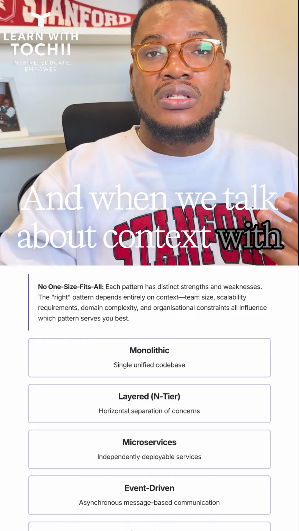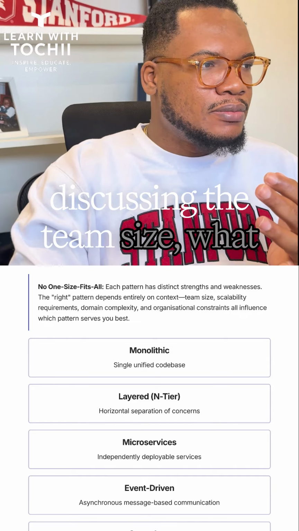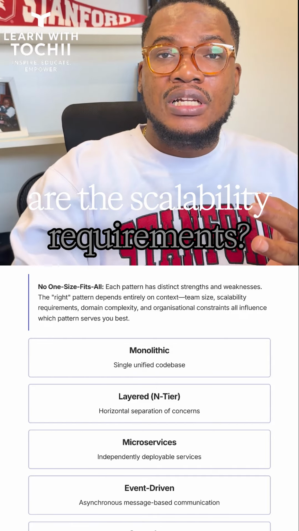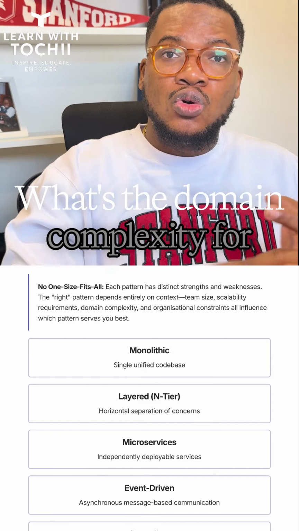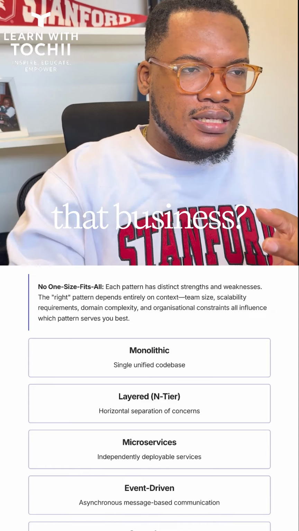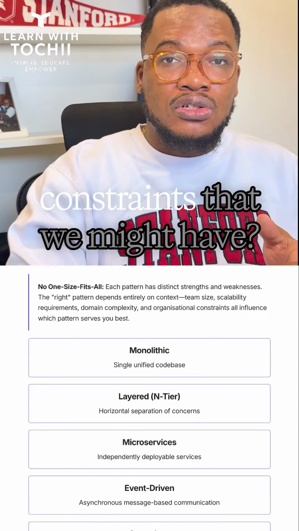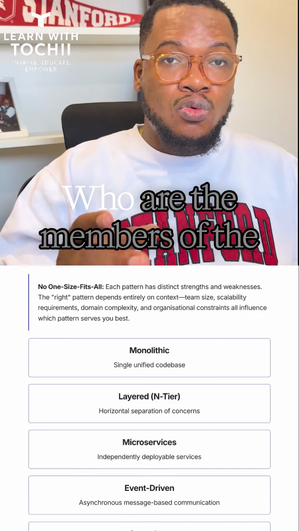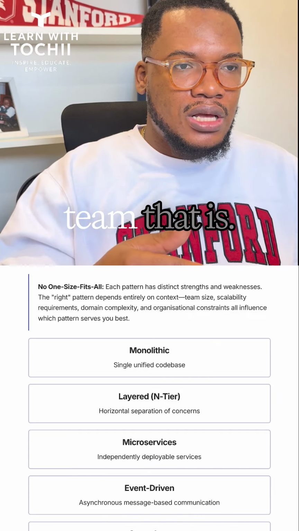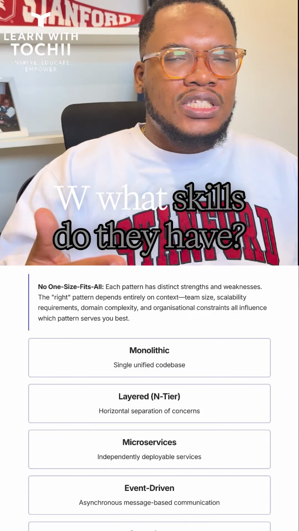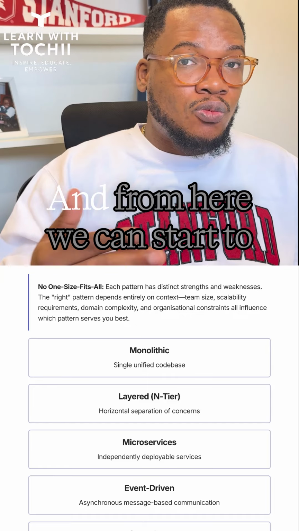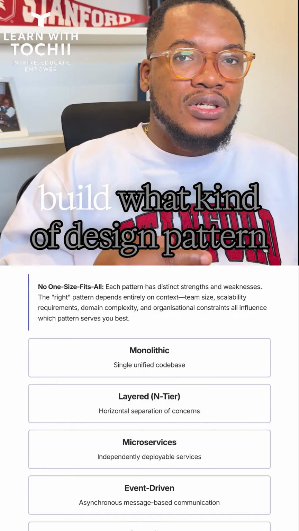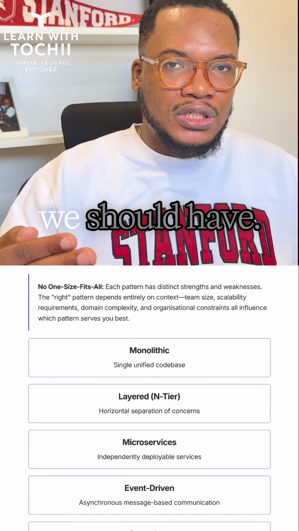And when we talk about context, we're discussing the team size, what are the scalability requirements, what's the domain complexity for that business, what are the organizational constraints that we might have, or who are the members of the team, that is, what skills do they have? And from here we can start to build what kind of design pattern we should have.